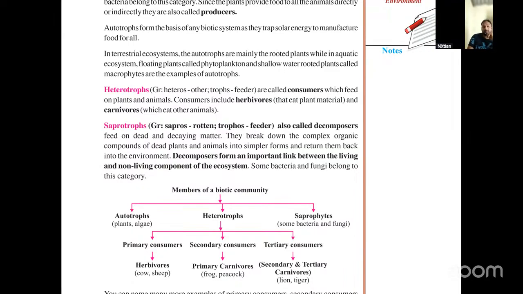And Petya, what is a saprotroph? Saprotrophs are those... I don't know how to put this in words.